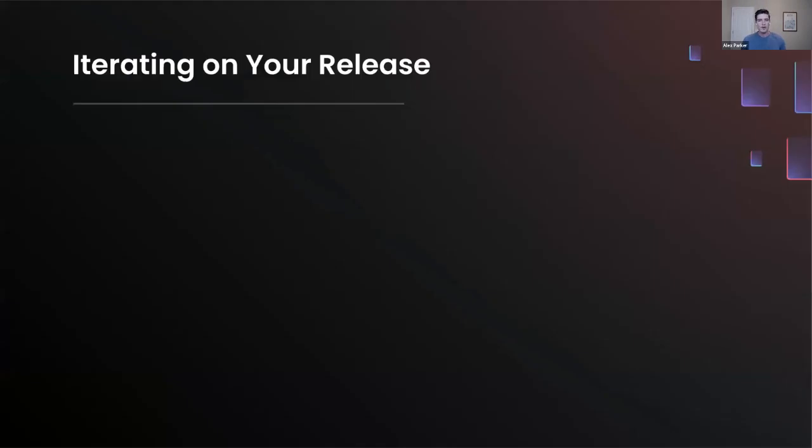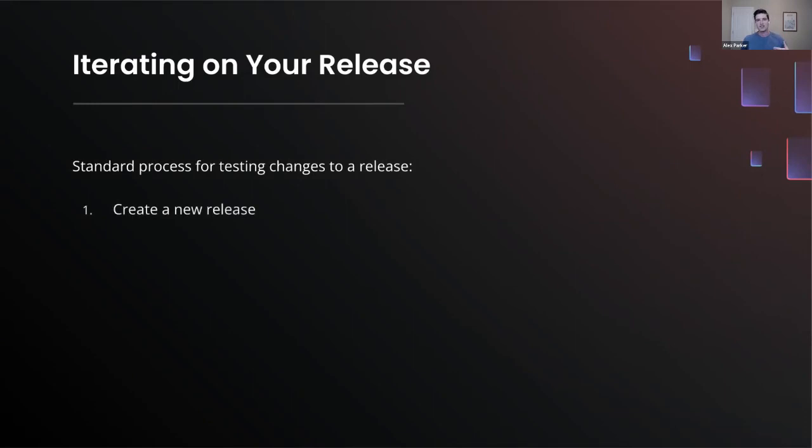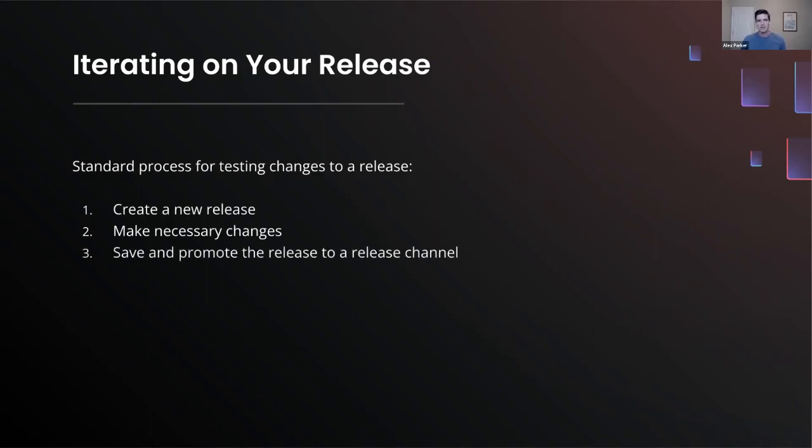When you're working with Replicated and shipping your software, the standard process you might use for testing changes to a release is to go into your vendor portal, create a release, make all the necessary changes there, save that release, and then promote it to one of your release channels.